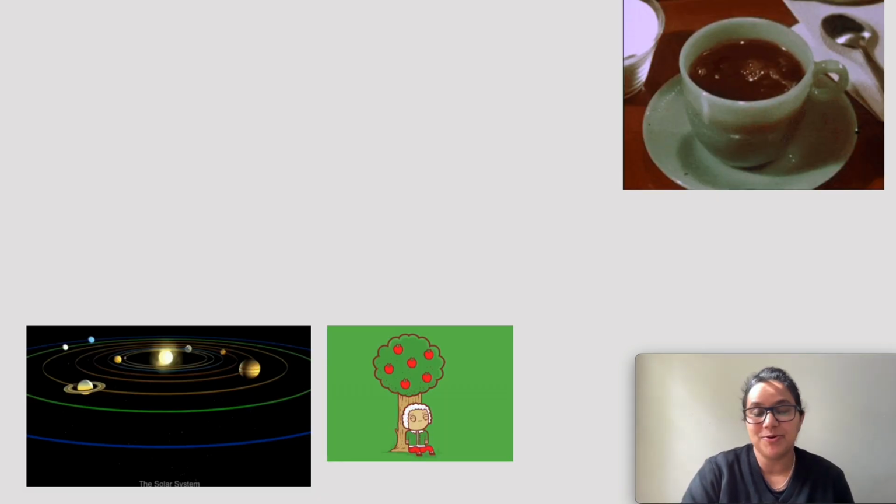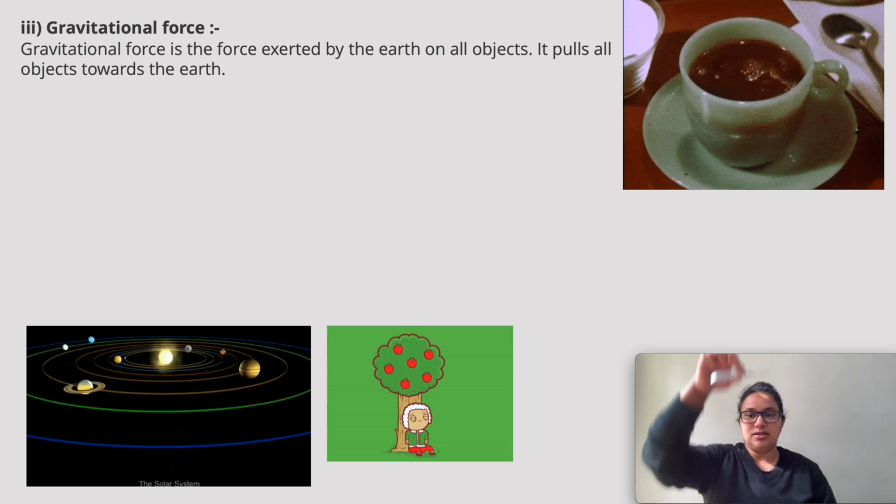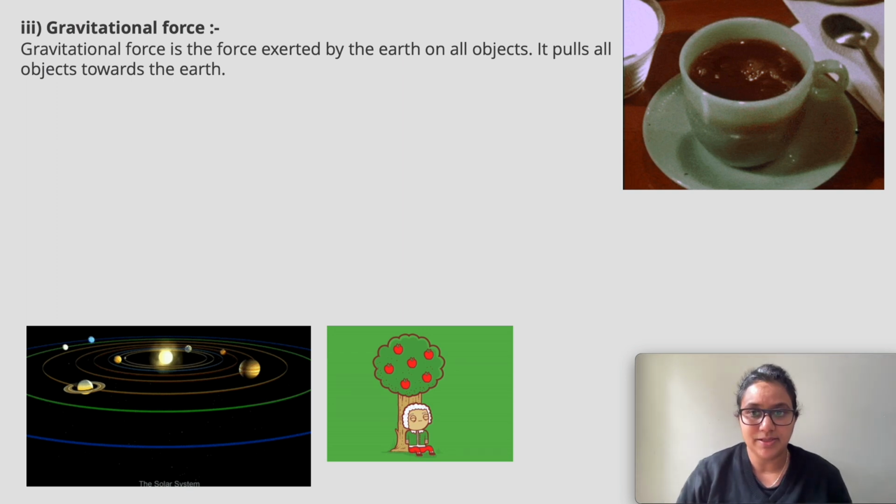Now let us discuss the non-contact forces. Let us start with gravitational force. What happens when you drop this pen? It does not go up, right? Can you explain? It is due to acceleration due to gravity, or the gravitational force exerted by the earth on this pen.